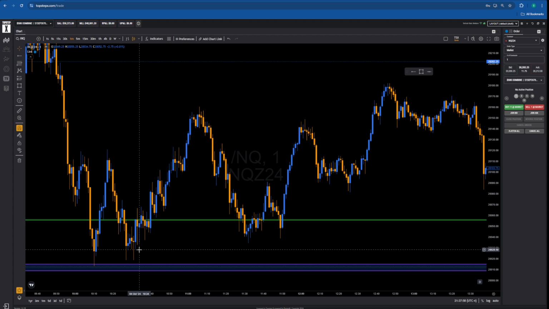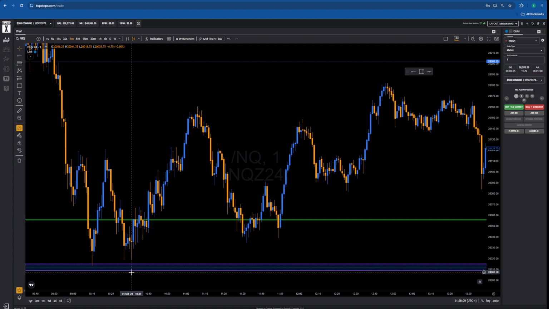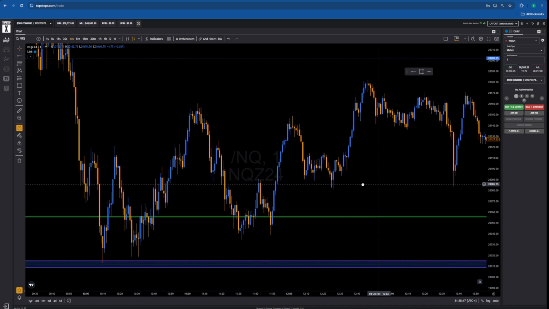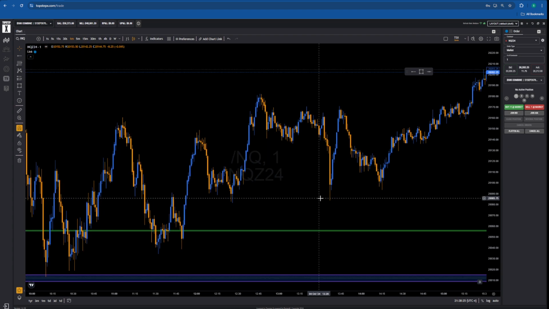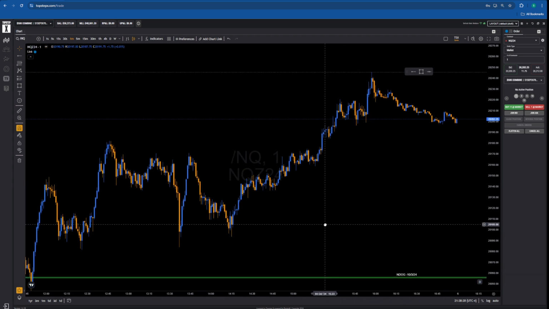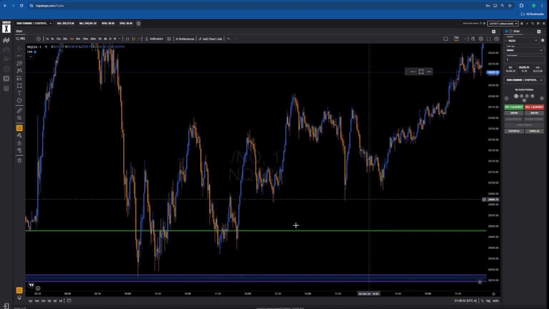So you can have a 20-30 point stop loss, and that's it. Try to enter at a point where the price is in the discount and near these levels, in between, and then keep that stop loss below these levels and just wait for the market to give it time. Don't move your stop loss too quickly, and you see it just keeps going up towards the end of the day, and it respected.